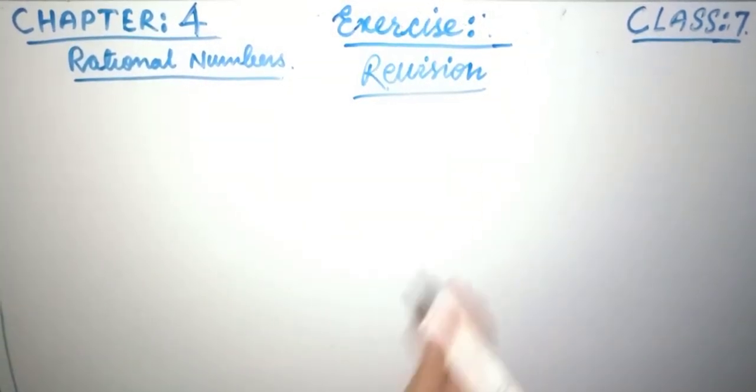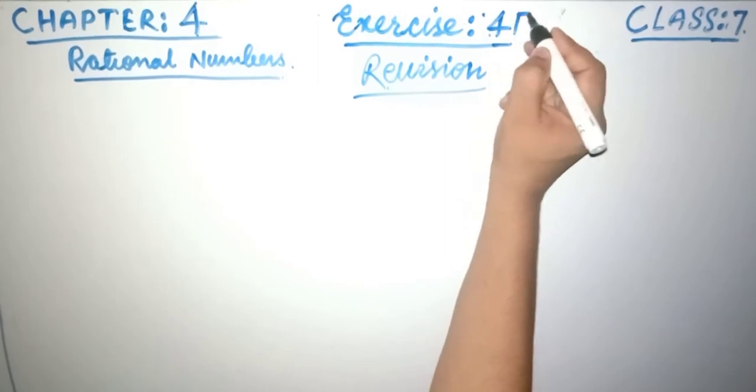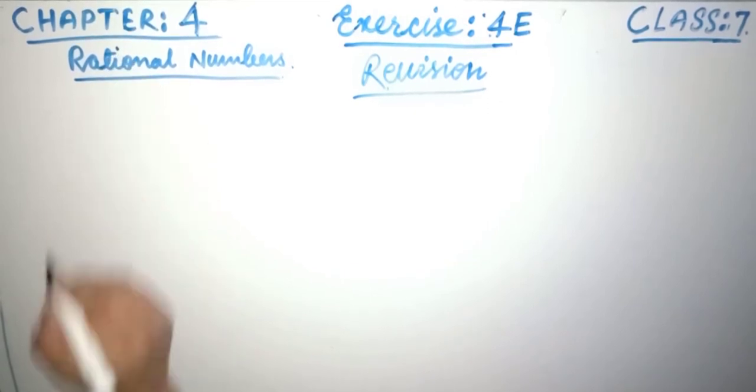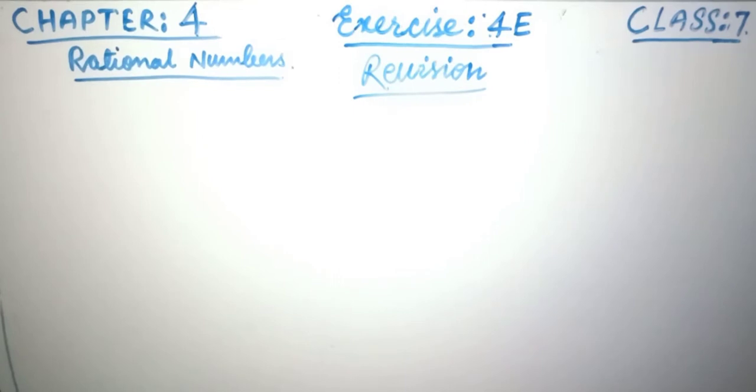This is only for revision, and I know that you are all conversant with all the terms related to rational numbers and the questions from the exercise as well. So even today's session is only for revision. Let's get started, and we will take the questions from exercise 4e.